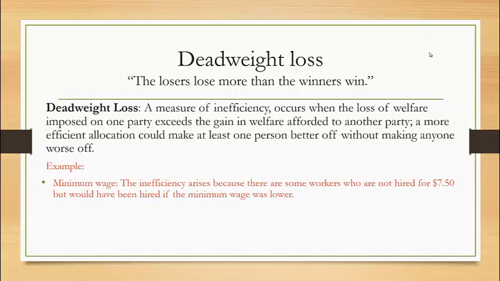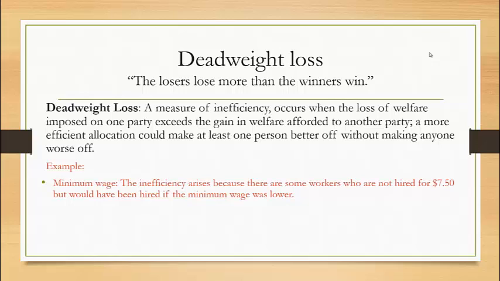So the reality of minimum wage is that it is a technically inefficient policy, because there are some workers who are not hired at $7.50 because the business can't afford to hire multiple workers at that price. But they would have been hired and they would have worked if the minimum wage was lower.